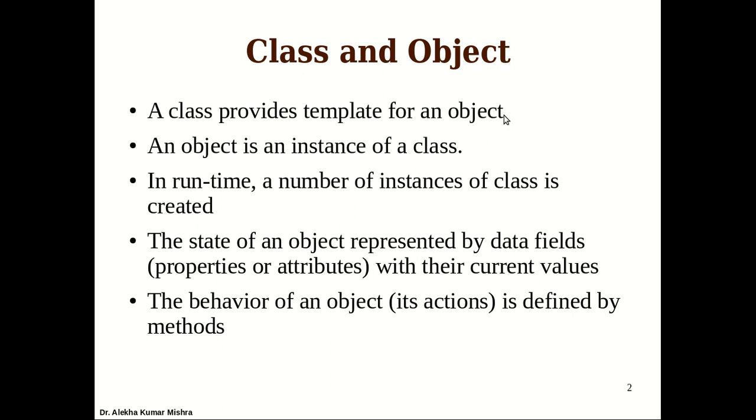When we say template, we mean some properties and some behavior that an object performs. In the real world we see many objects, but a class is one of the ways to describe a group of objects, or describe the properties or the nature of a group of objects.